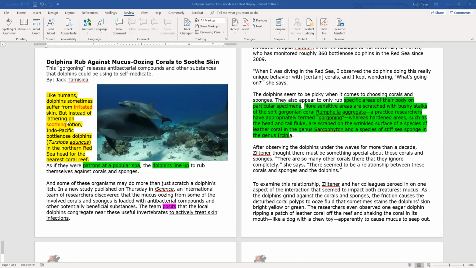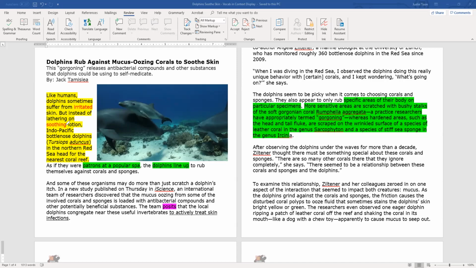But I am noticing that it says dolphins sometimes suffer from irritated skin, but instead of lathering on soothing lotion, which I understand because I can infer that soothing lotion is used, it's the opposite, an antonym of irritated, so irritated must be the opposite of soothing, whatever that means.